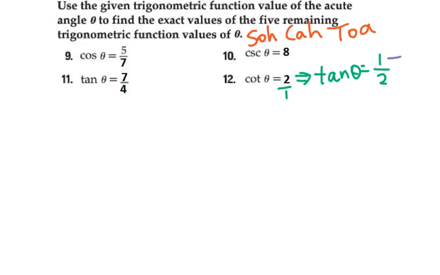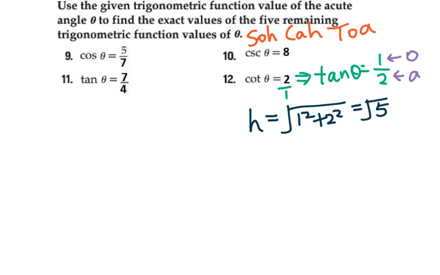Then I can label that's O over A. So we know the opposite, we know the adjacent, we can get the hypotenuse. That's 1 squared plus 2 squared. You will get square root of 5. It's simplified. So I will label the opposite side equals 1, adjacent side equals 2. And the hypotenuse, you will get square root of 5.